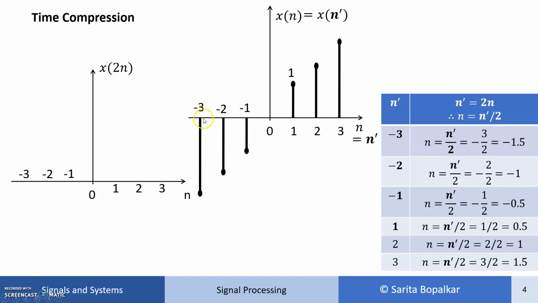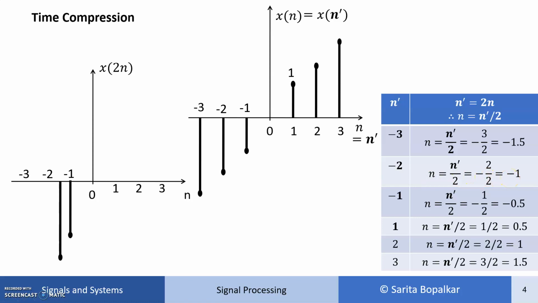So n dash equal to minus 3 becomes n equal to minus 1.5. Now n dash is equal to minus 2, n is equal to minus 2 by 2, that is minus 1. So whatever amplitude is available at n dash equal to minus 2 will shift to n equal to minus 1.